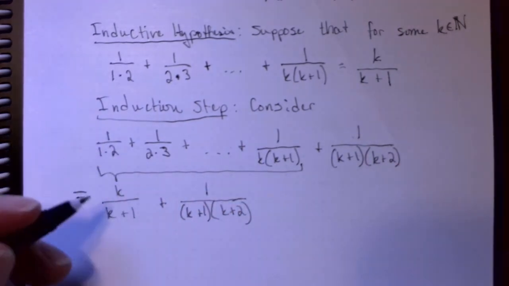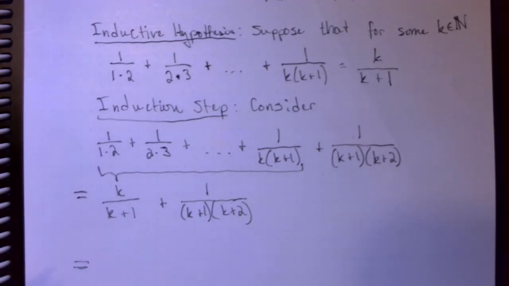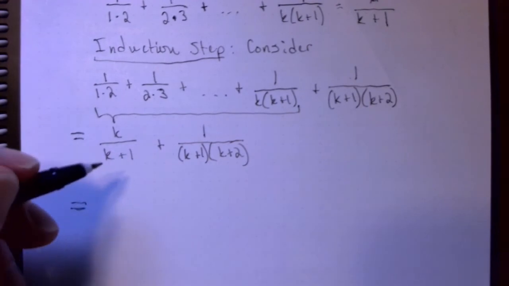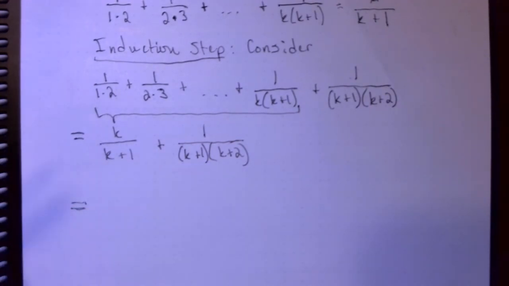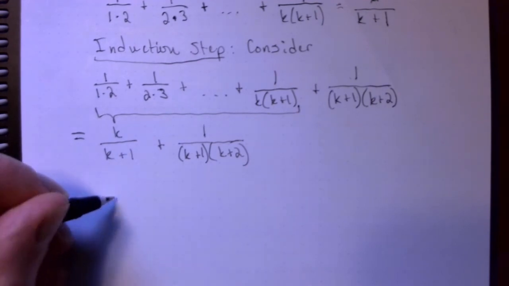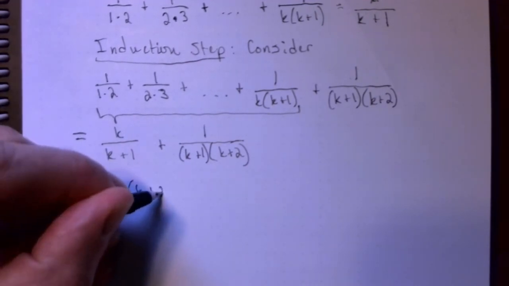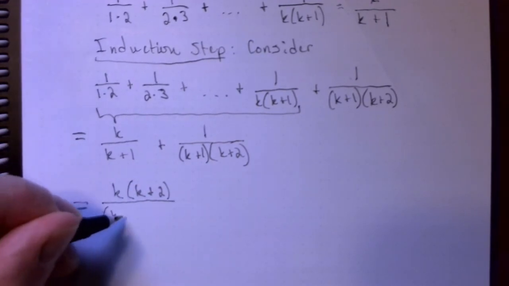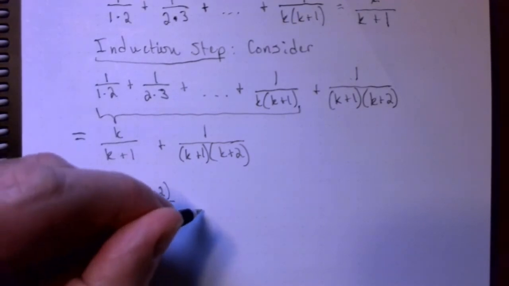All right, well, we're adding two fractions here. So we've got to get a common denominator if we're going to add these fractions. So the common denominator would be k plus 1 times k plus 2. So we're going to multiply that first thing top and bottom by k plus 2 in order to get it in terms of our common denominator.